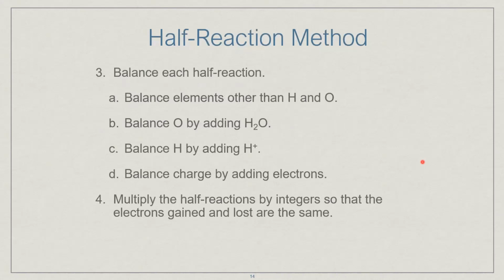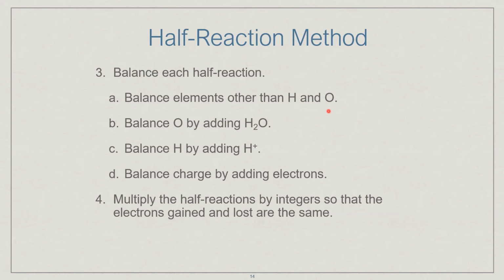But in order to balance those, sometimes we're going to have missing pieces. We should be able to balance everything but at least hydrogen and oxygen. So if we had nickel in that half reaction, we should already have nickel on both sides. We may need to add coefficients to one side or the other. But we should be able to balance all of those with the exception of hydrogen and oxygen.